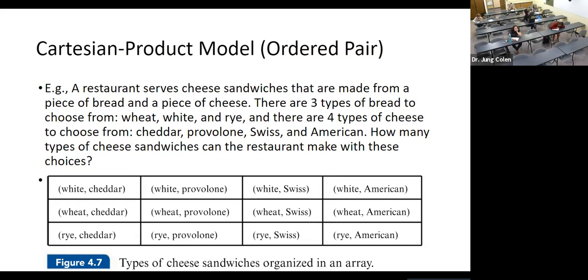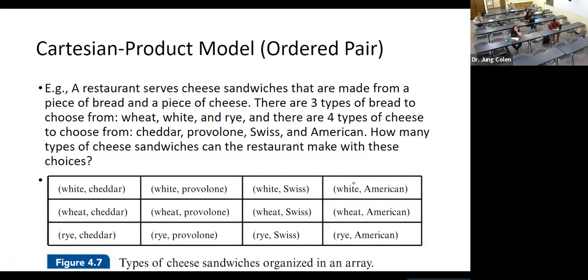There are 3 types of bread: white, wheat, and rye. And there are 4 types of cheese to choose from: cheddar, provolone, Swiss, and American. How many types of cheese sandwiches can the restaurant make with this choice? When they have 3 types of bread and 4 types of cheese.